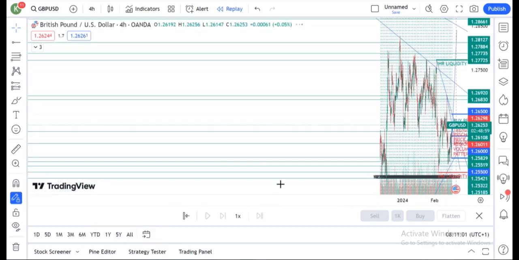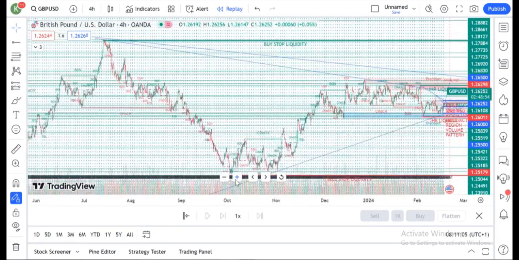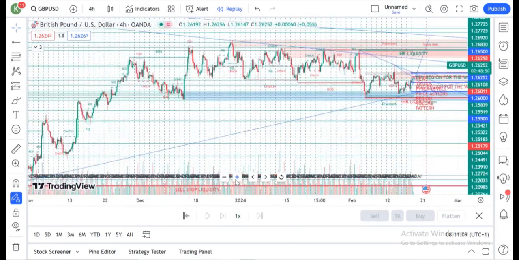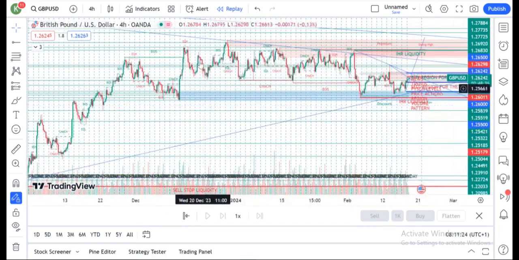From the 4-hour time frame, we will begin to look to see if we can see any directional movements. Here you see that the range is clearly seen, though there's a bullish change of character here, and then a bullish break of structure, but price has been ranging since then.